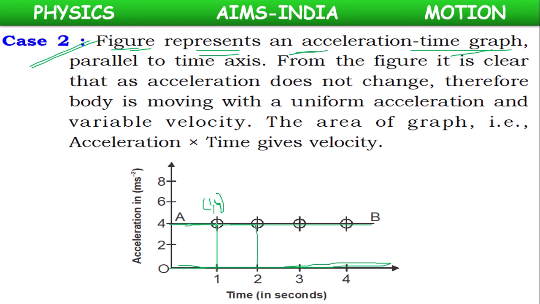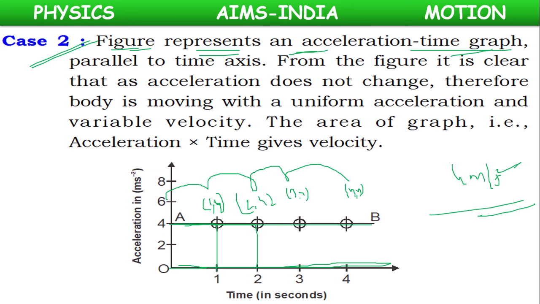Here x value 2, y value 4; (2, 4), (3, 4), (4, 4). At every point the y value is constant, which means the acceleration of the body is constant, 4 meter per second square, which is not changing.